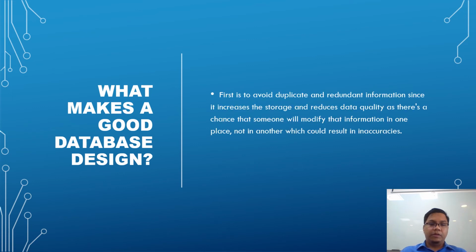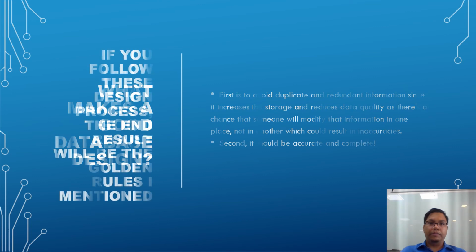First is to avoid duplicate and redundant information, since it increases storage and reduces data quality, as there's a chance that someone will modify that information in one place and not in another, which could result in inaccuracy. Second, it should be accurate and complete.